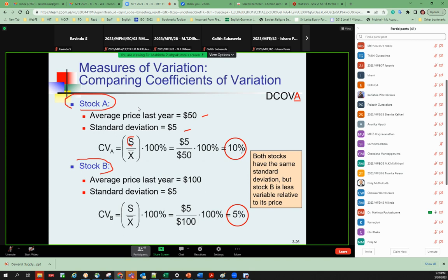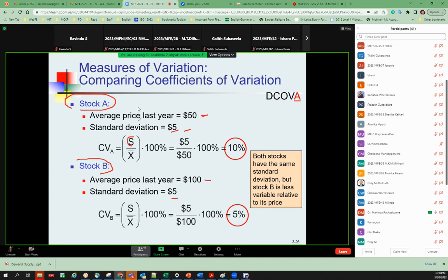Here both stocks have the same standard deviation. But stock B is less variable relative to its price. Here the price is 100, here the price is 50.